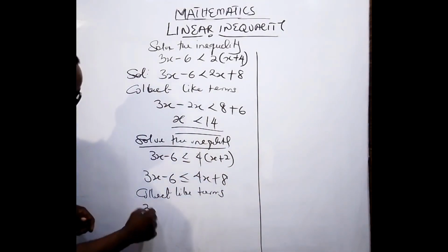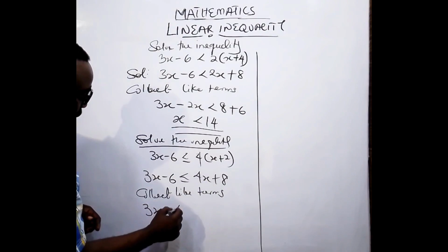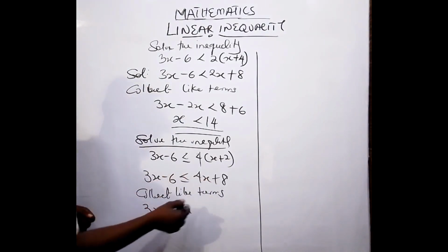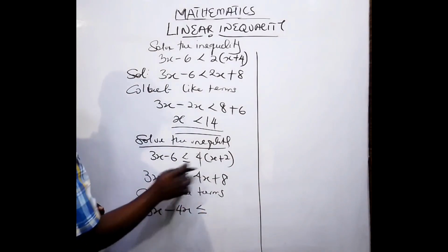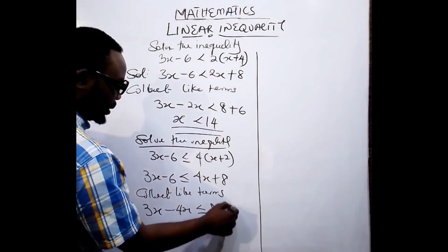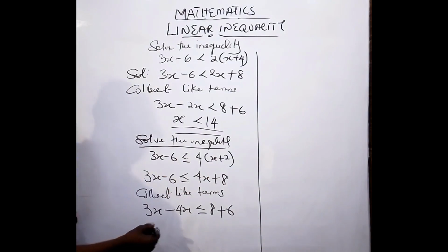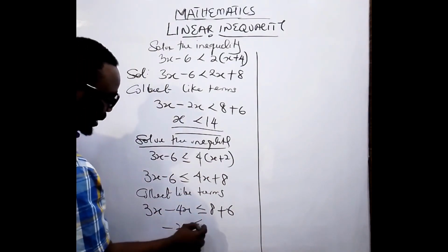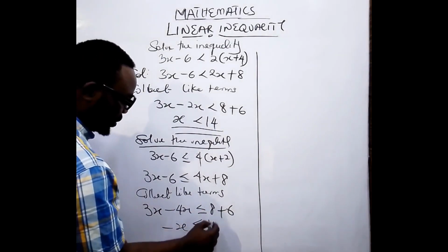So we're going to have 3x minus 4x, because this is positive 4x here, it comes here and becomes negative, is less than or equal to 8 plus 6. This minus 6 changes to a positive sign. 3x minus 4x, that will be minus x is less than or equal to 8 plus 6, which is 14.